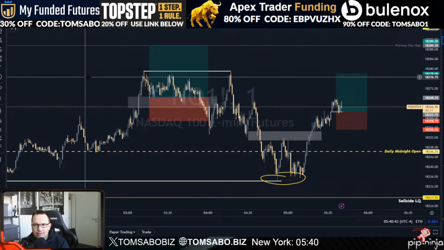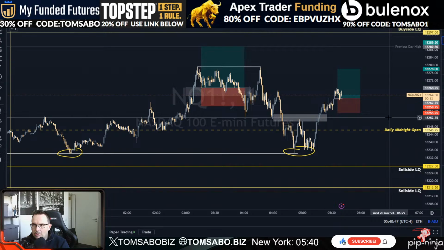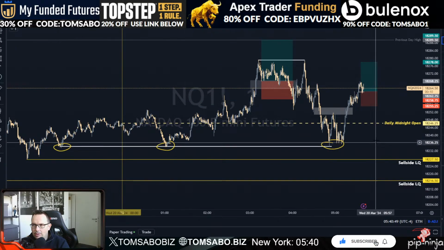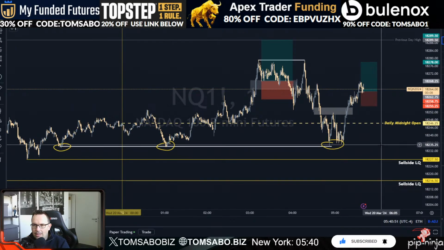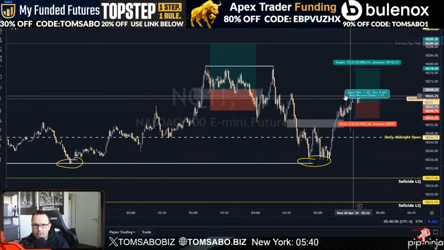If it trades below the 55s, then it's confirmed that we're just going to go ranging and might be looking to take those relative equal lows down there.